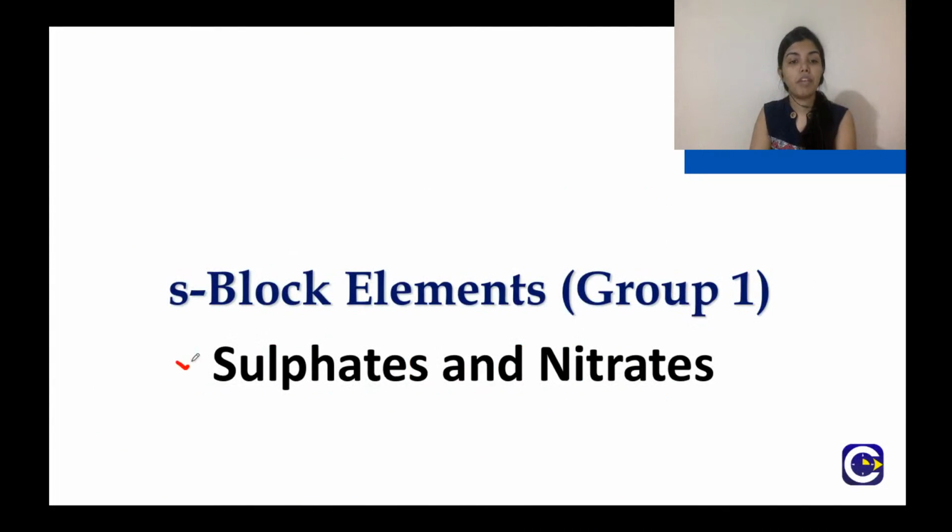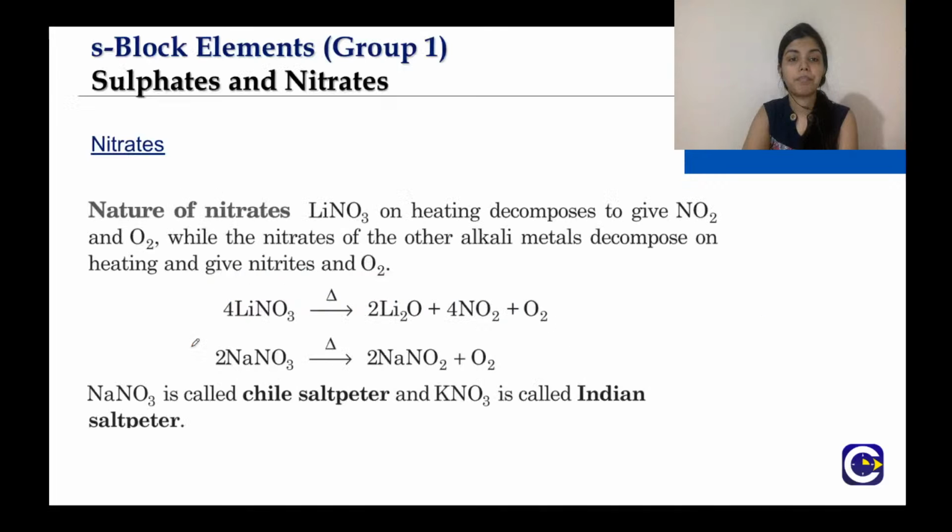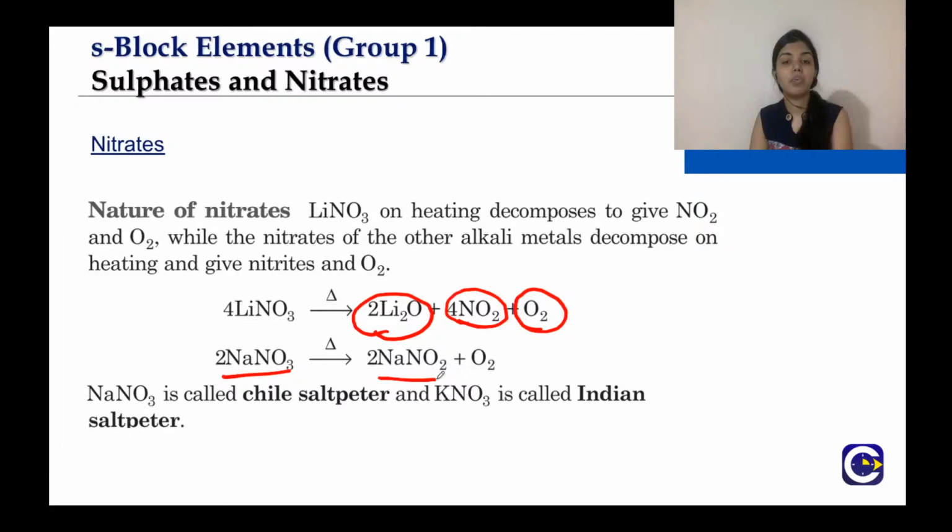Now we come on to sulfates and nitrates. So lithium nitrate on decomposing gives lithium oxide plus it releases brown colored NO2 gas plus oxygen, while sodium nitrate releases sodium nitrite, that is NaNO2, plus oxygen gas. NaNO3 is known as Chile saltpeter while KNO3 is known as Indian saltpeter.